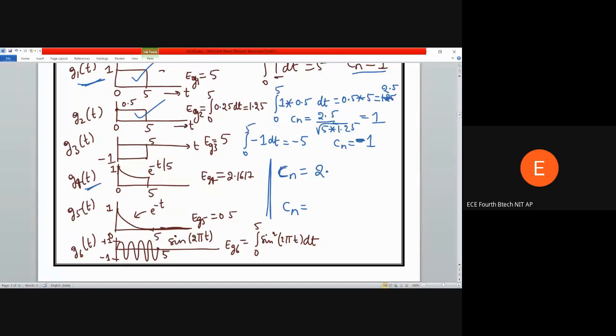For this g5 of t, this is something like 0.5. So can someone please calculate it? Yeah, let us try to do that. Anyway, let us do it.